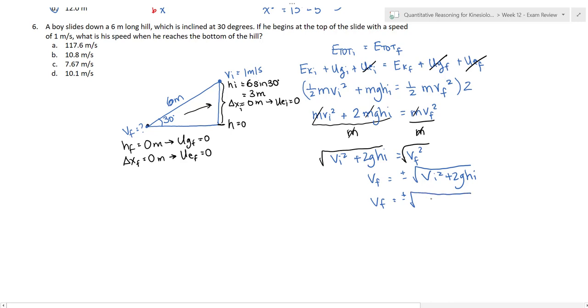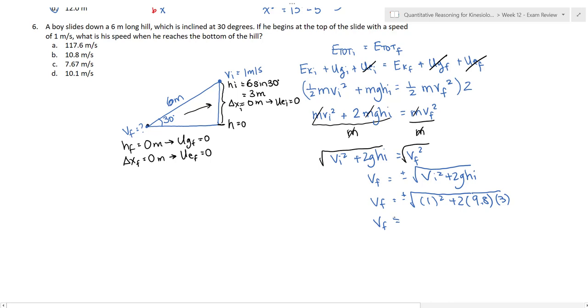V initial is 1 squared plus 2, g is 9.8, and h initial is the initial height, which was 3. And now I'm just going to type this all onto my calculator.